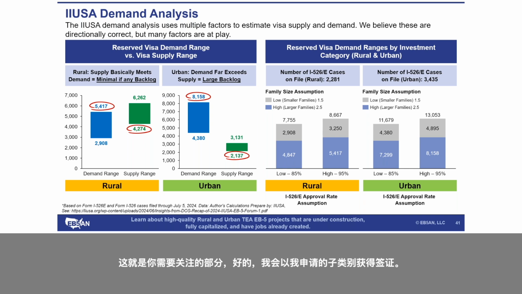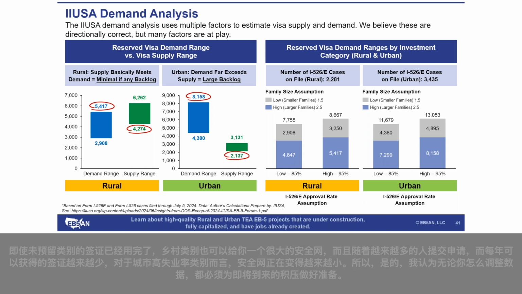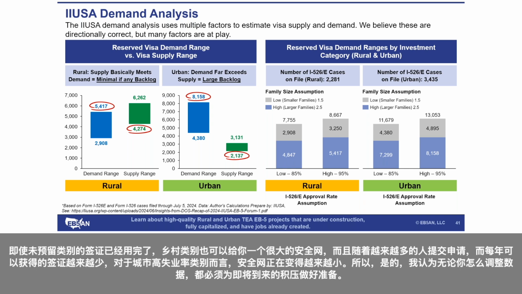You're going to get a visa based on the subcategory that you're filing into, even if they run out in the unreserved category. Rural is giving you a big safety blanket, and that blanket is getting smaller and smaller for urban high unemployment as more and more people continue to file, and fewer visas are going to be available every year moving forward. So no matter how you spin it at this point, you've got to be ready for a little bit of that backlog that's coming.